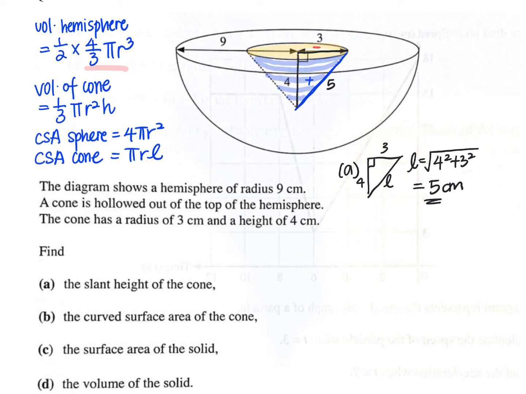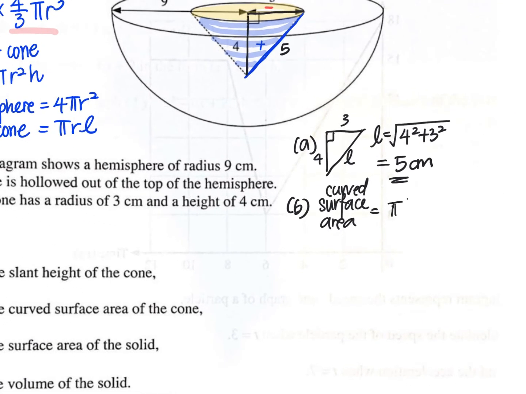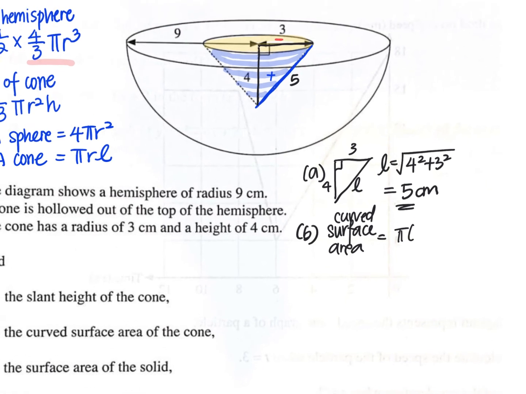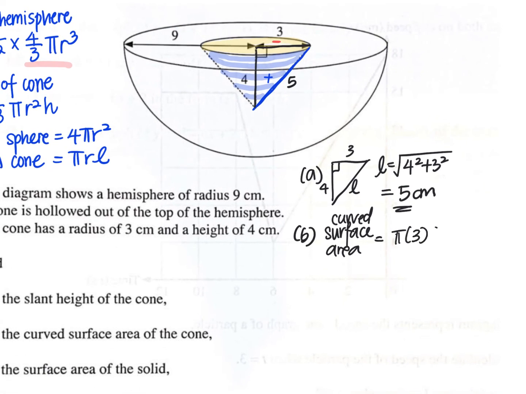Find the curved surface area of the cone. The curved surface area of the cone, part B, will be given by the formula pi RL. Our radius for the cone is 3 cm.